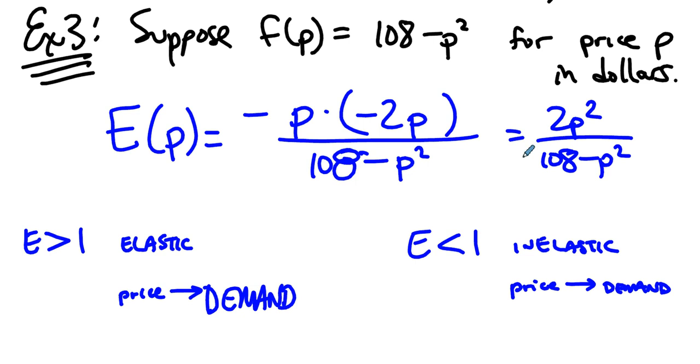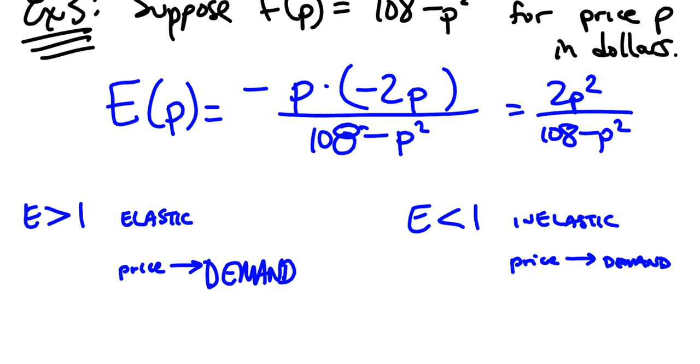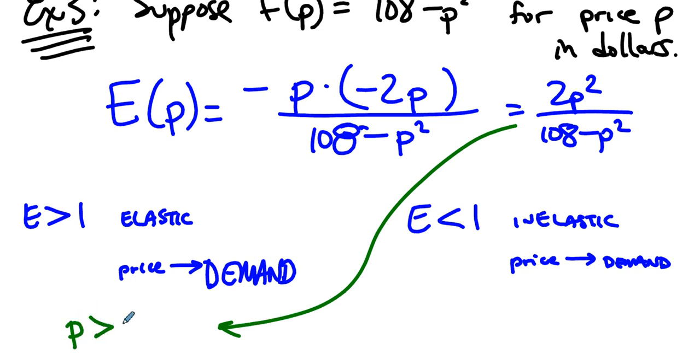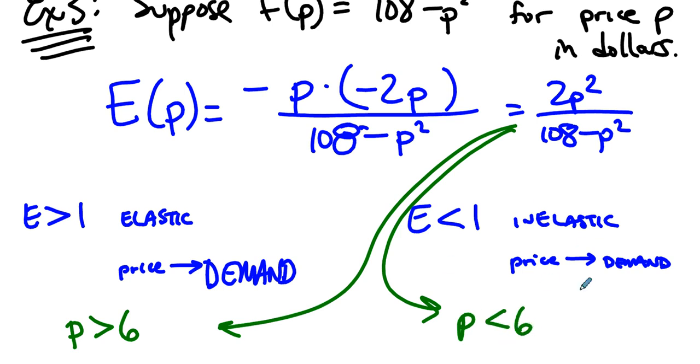Well, depending on what the price is, E is either greater than 1 or less than 1. It happens in this case that if the price is greater than 6, then the demand is elastic. And if the price is less than 6, then the demand is inelastic. Small changes in price lead to small changes in demand.